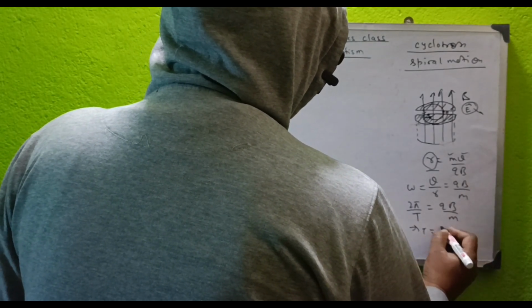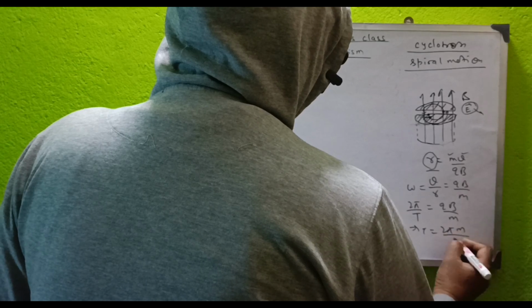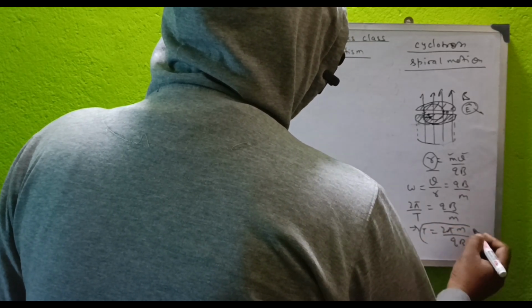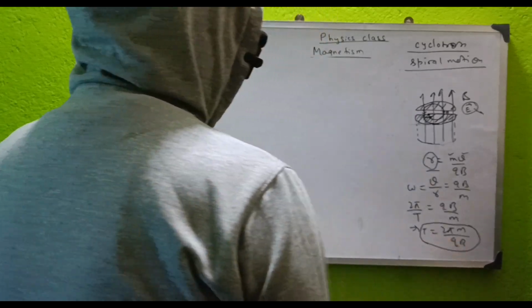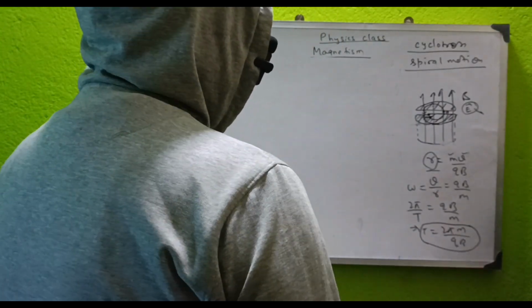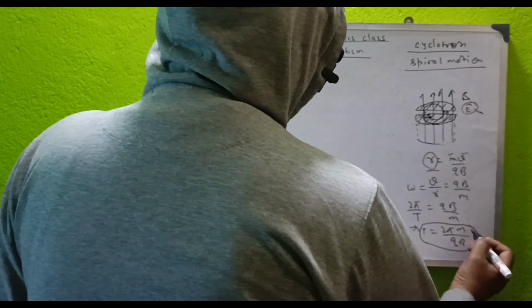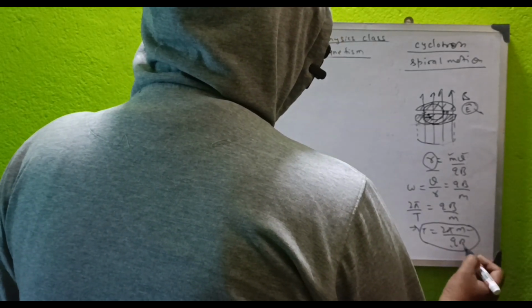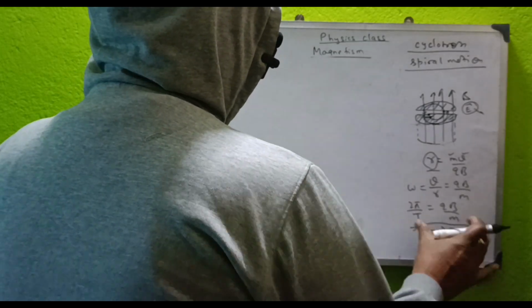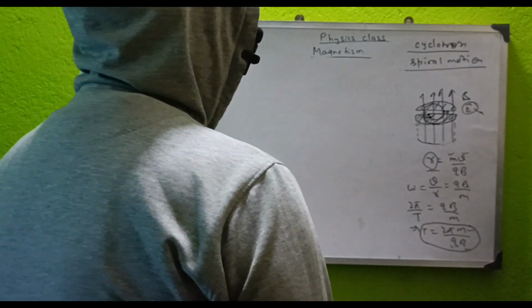So time period is given by 2 pi m divided by qB. One thing that I had mentioned while deriving this is it is independent of velocity. No matter what the velocity is, time period always remains the same provided the particle mass, charge, and the magnetic field in which it moves does not change. So then the time period remains the same.